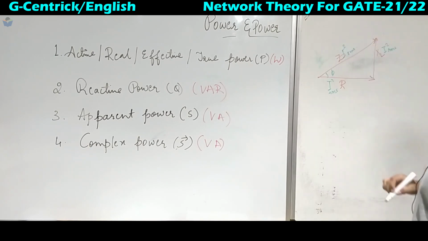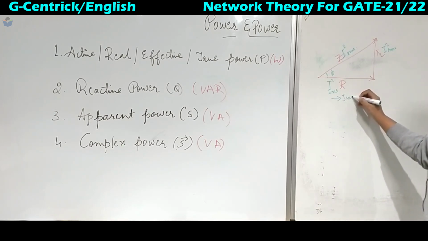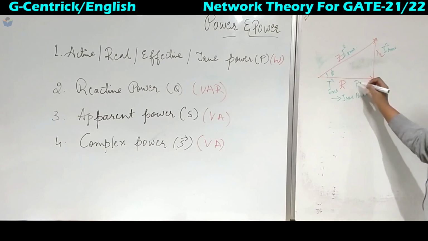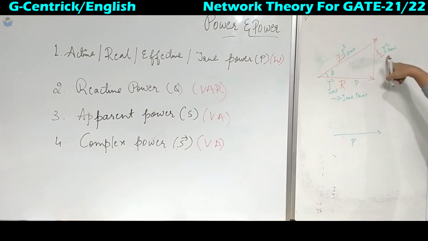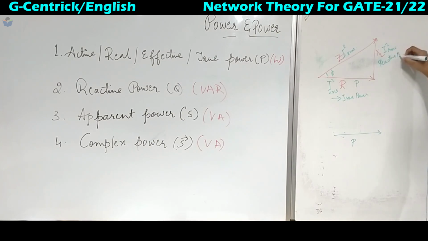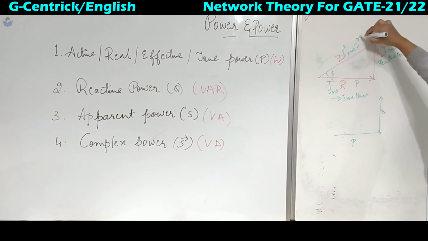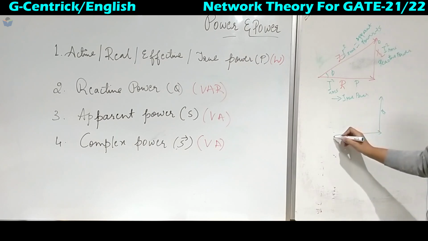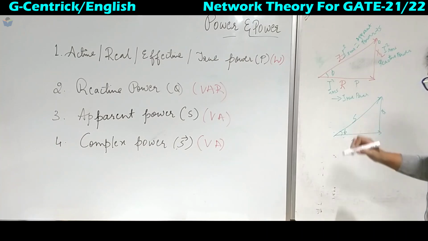Now this power we will call the true power, denoted by P. XL into I square RMS is the reactive power, denoted by Q. And this is the apparent power, denoted by S. This is the power triangle that we obtained, and this phi is as it is.